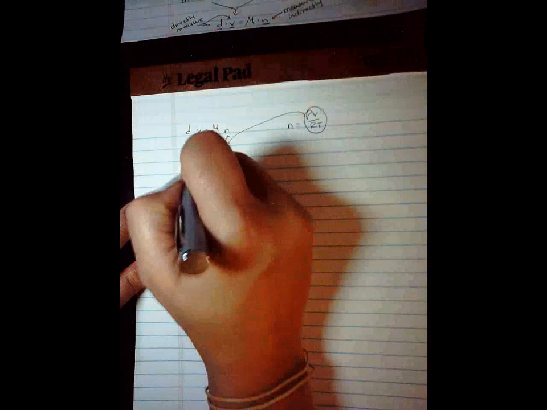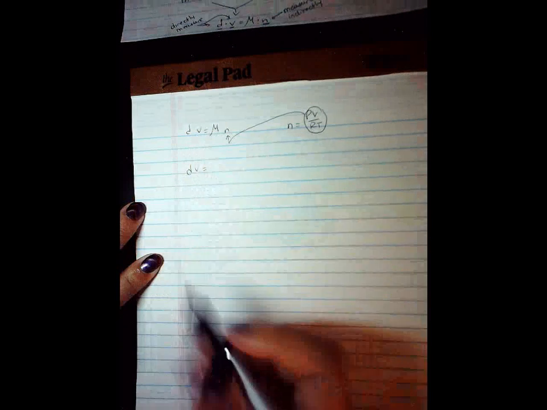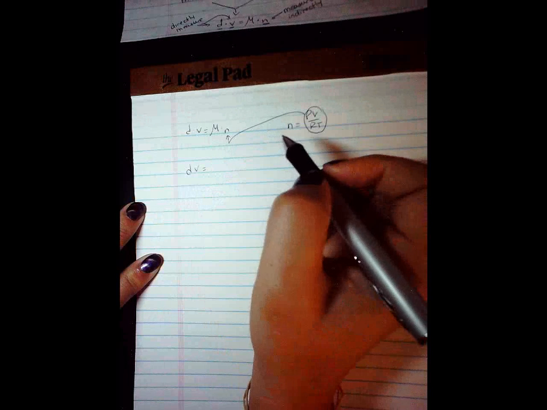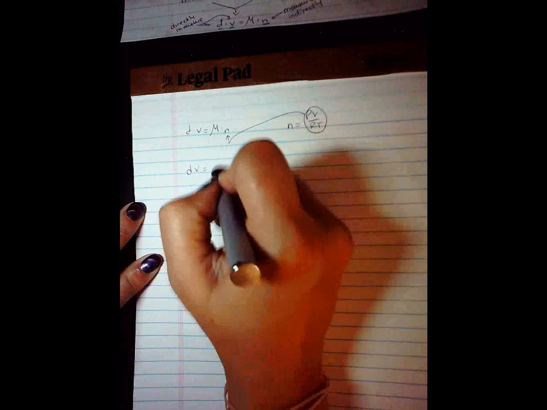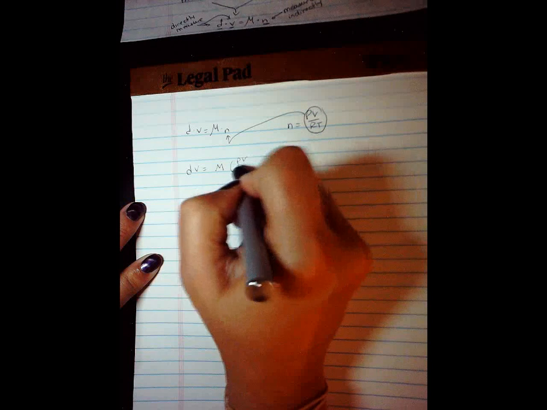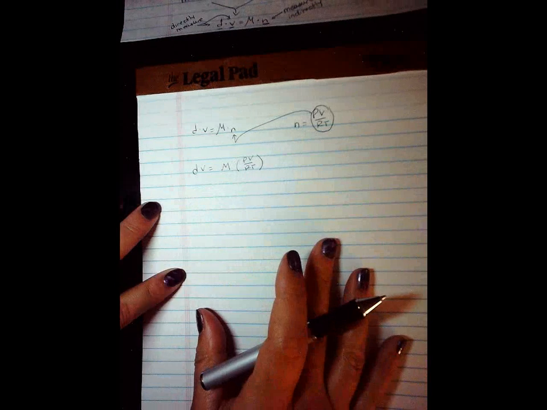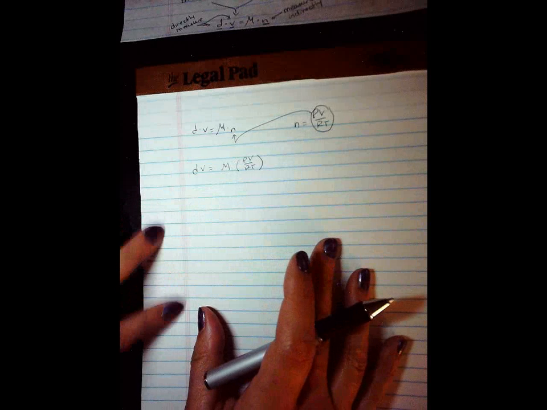All right? So what do you get? You get dV is equal to M times PV over RT. All right? Okay, now isolate M for me, capital M.